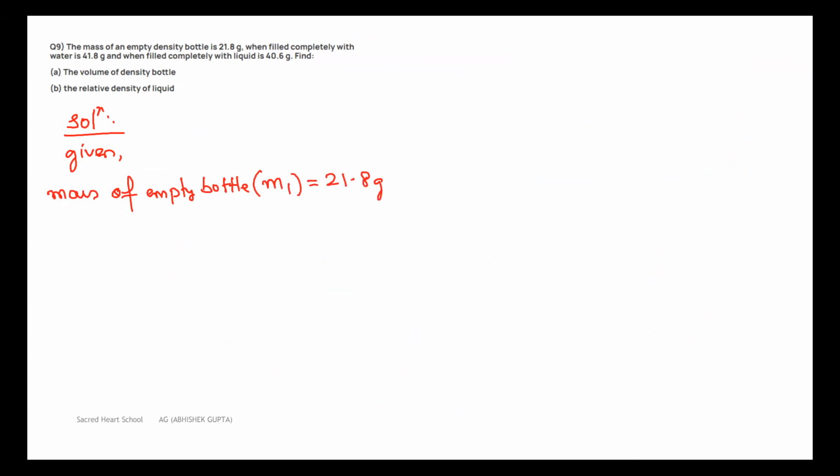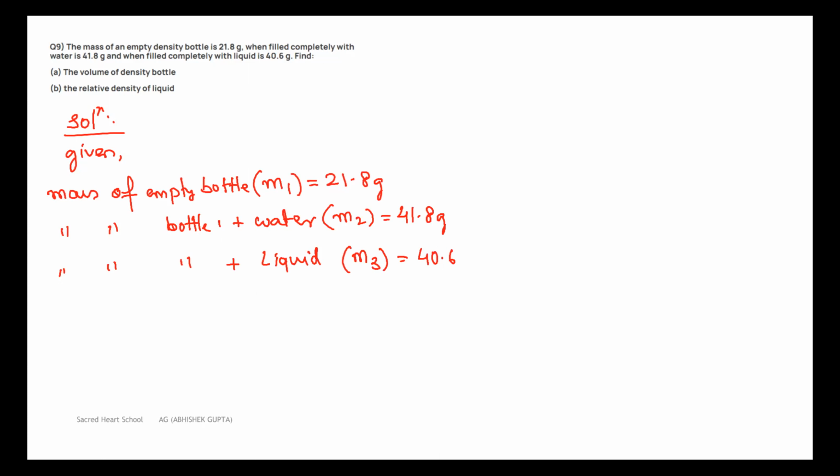Mass of the bottle plus water we denote by M2 and it is given as 41.8 gram. And then finally mass of bottle plus liquid becomes M3, which is 40.6 gram.